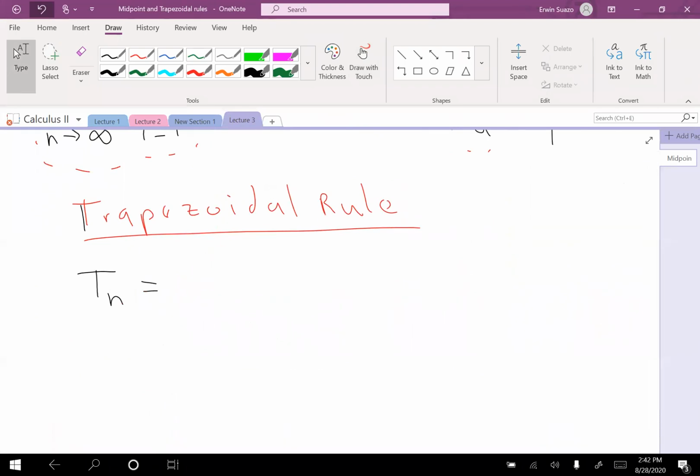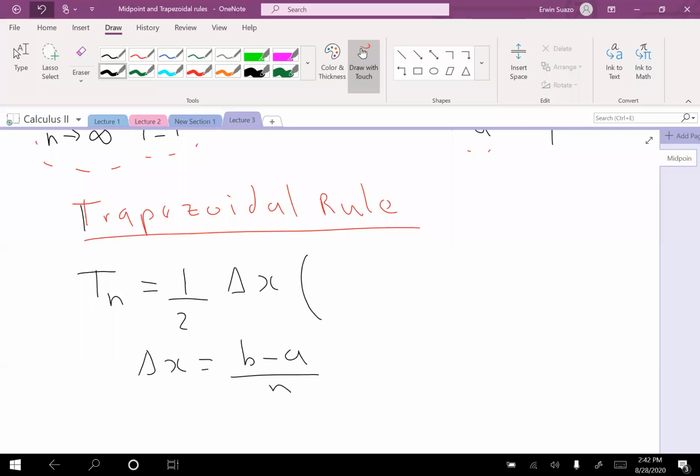And the trapezoidal rule is like this. So 1/2 of the delta x, and we know delta x is b minus a over n, right?